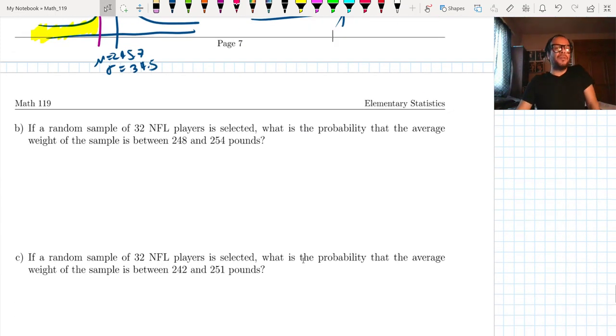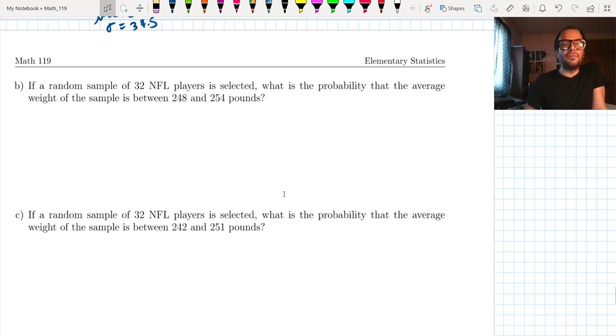If a random sample of 32 NFL players is selected, what is the probability that the weight of the sample is between 248 and 254? Okay, so we're going to do the probability that we get 248 < x < 254.